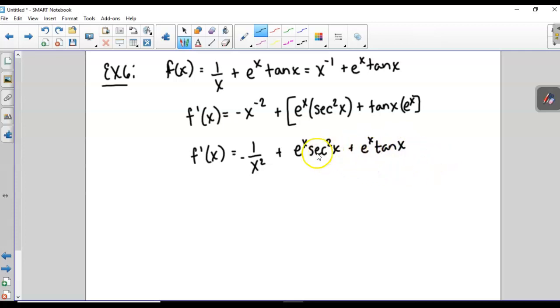They might factor that e to the x out of these two, but since you can't factor it out of this one, probably not. Questions? You could try to change everything to sine and cosine, get common denominators. Maybe if they're really cool, they might do that sometimes, but usually not for those.